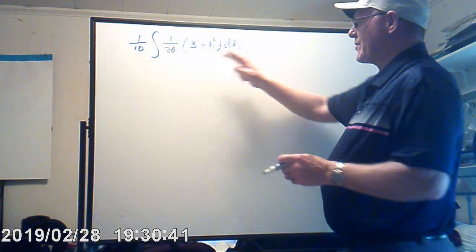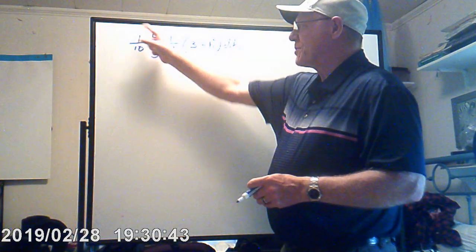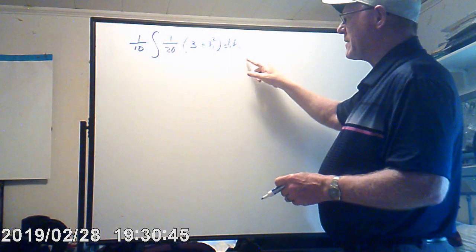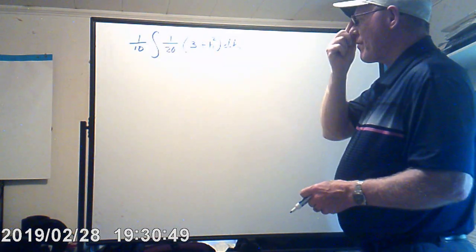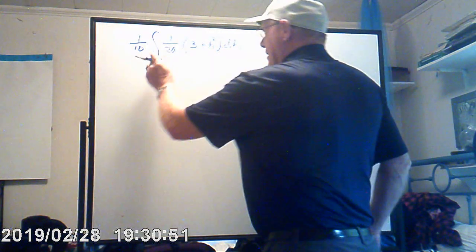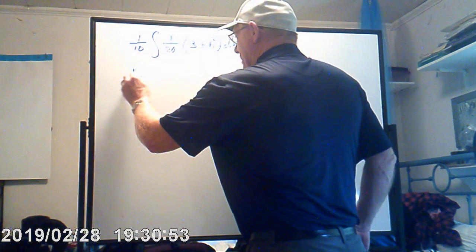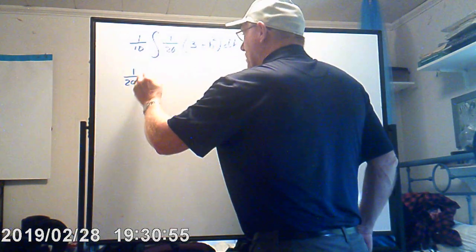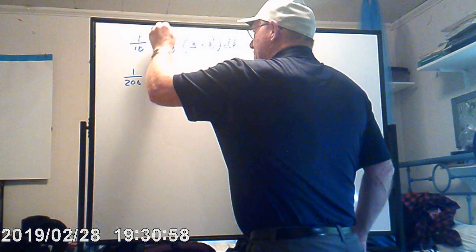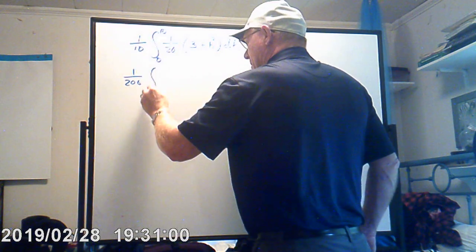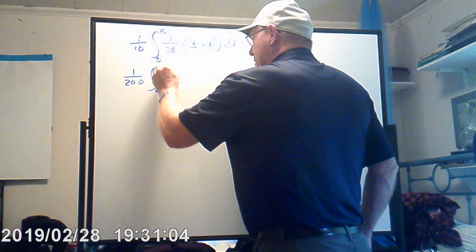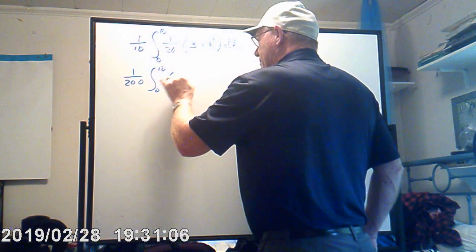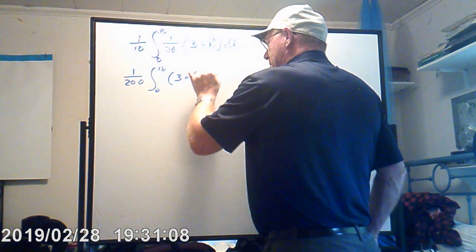Again, this is always average radius. We can do this, make it 1 over 200. Oh yeah, we're going from 0 to 10, by the way. Now we're left with just 3 plus h squared dh.